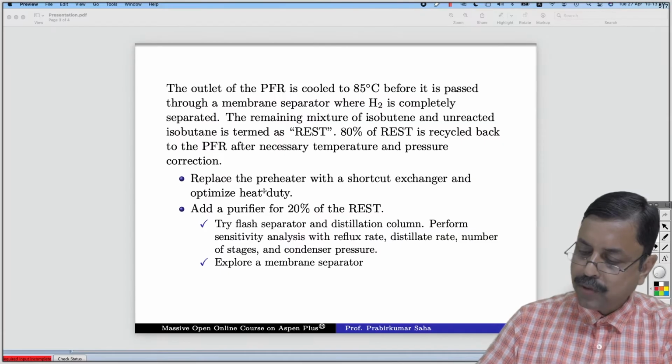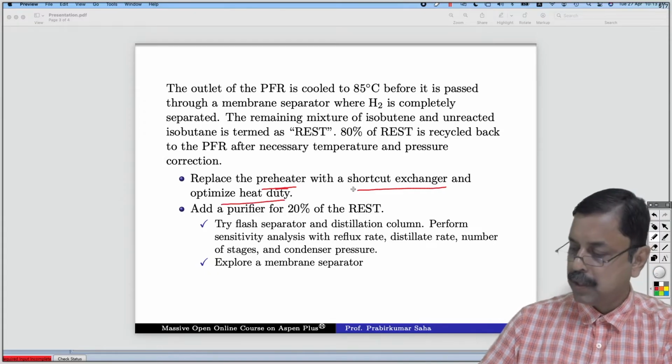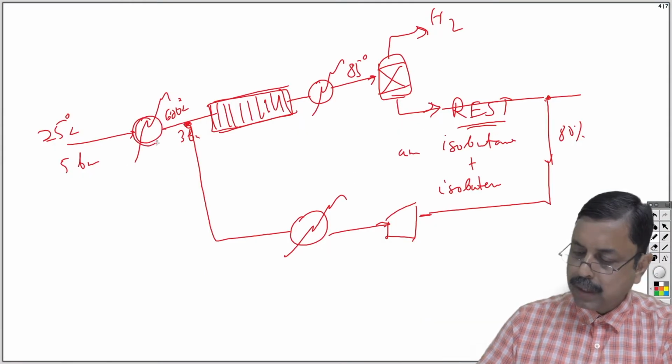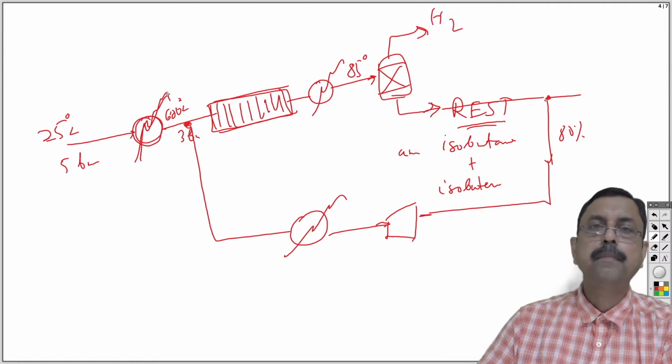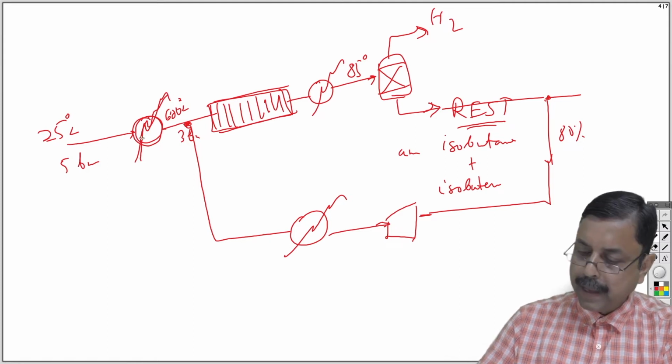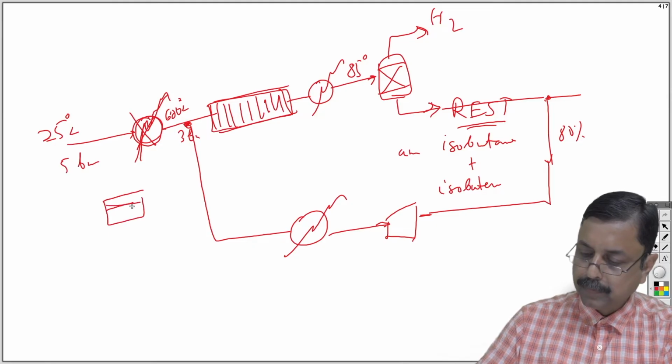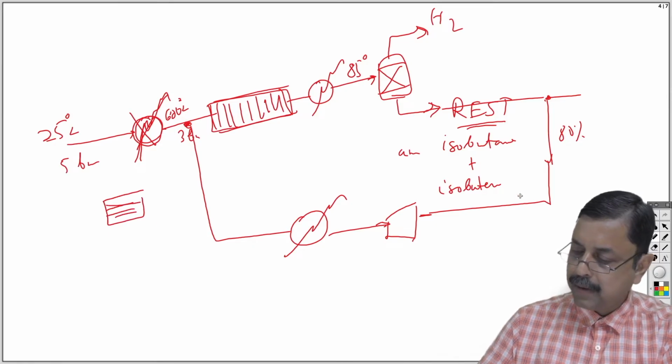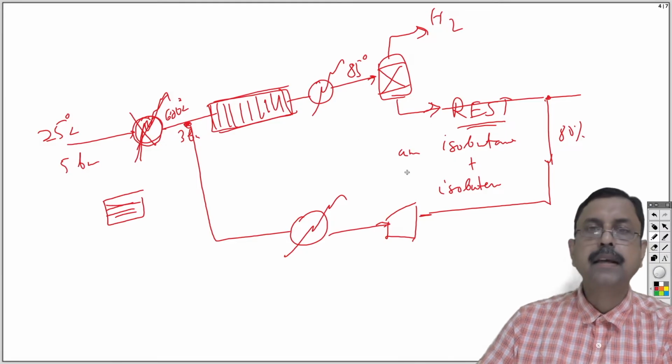Then we have to replace the preheater with a shortcut exchanger and optimize the heat duty. What does it mean? Here we were using a simple heater. We have to replace this one with a heat exchanger, and we have to compare the heat duty.